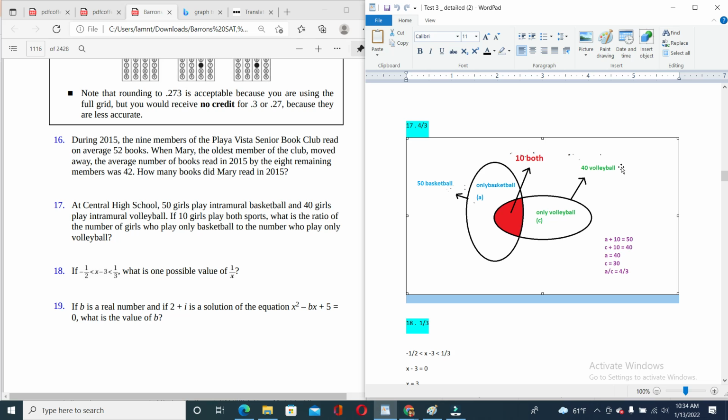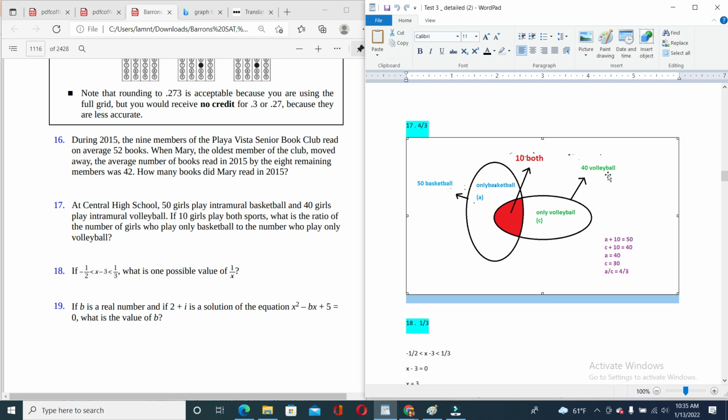The intersection of these two circles, colored red, is the girls who play both sports, which is 10. So there are 50 who play basketball and 40 who play volleyball.